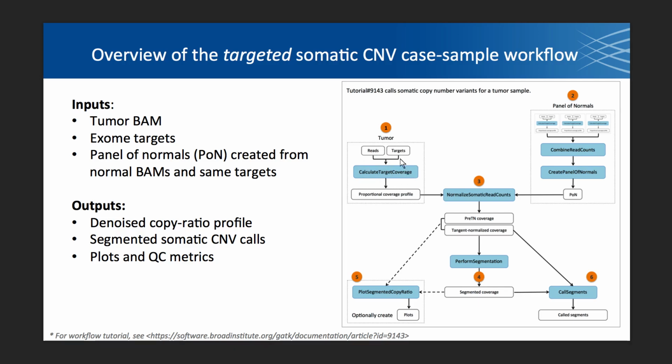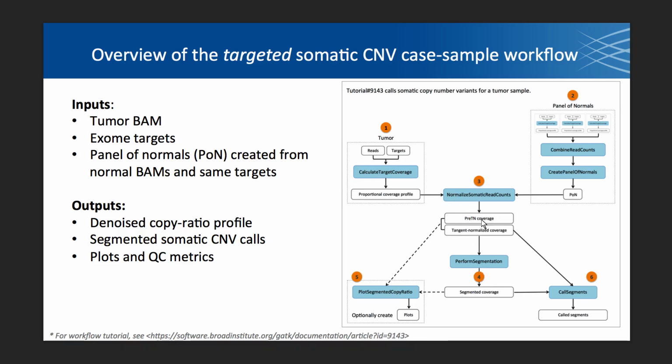These, for our normal samples, we feed into two tools to get the panel of normals. So then once we have a panel of normals, in step 3, we can take our tumor sample and normalize the somatic read counts to get two different files. One is called a pretangent normalized coverage, and the other is called a tangent normalized coverage. I will explain these in a little bit.